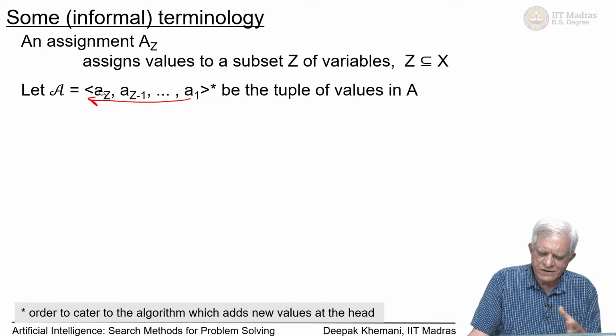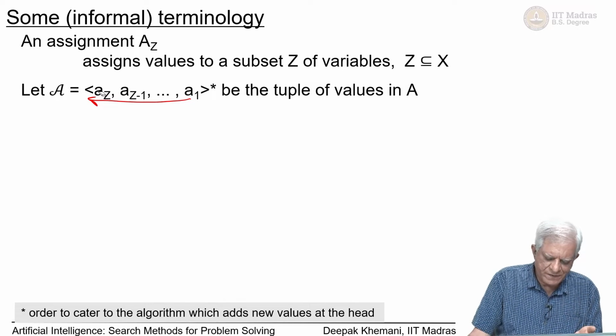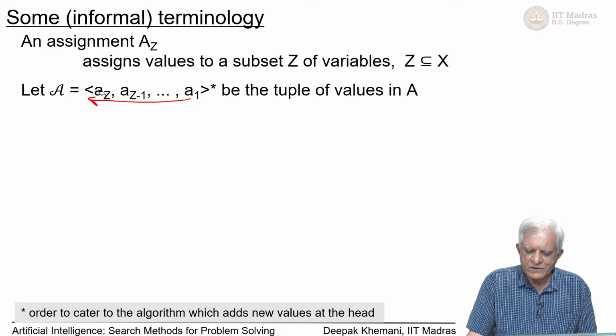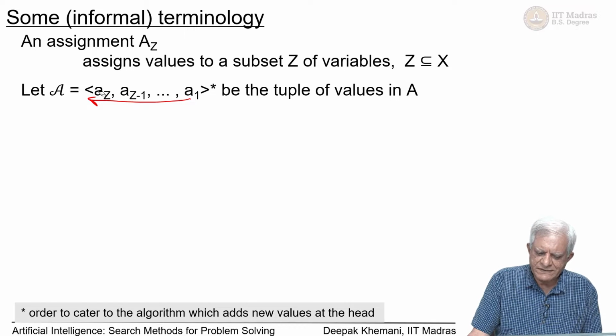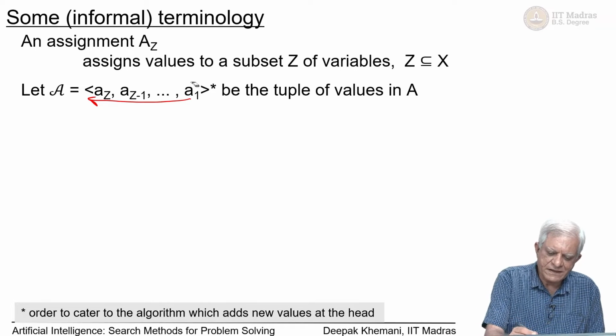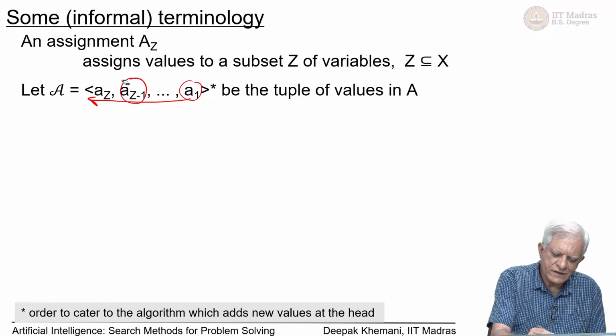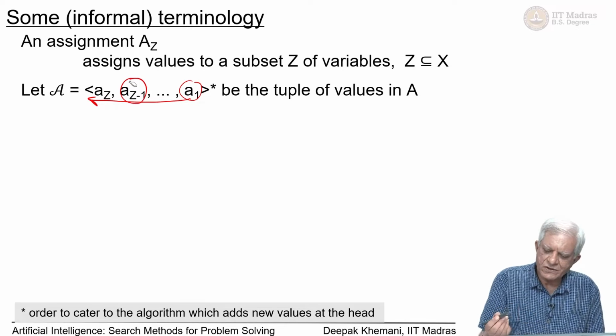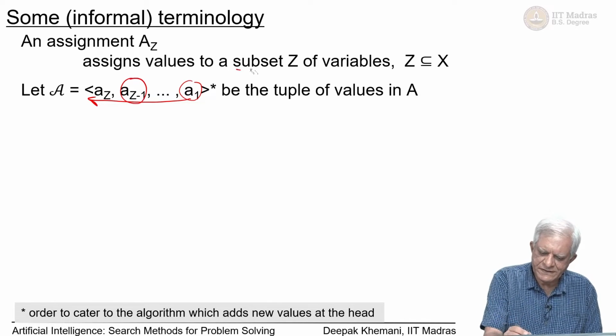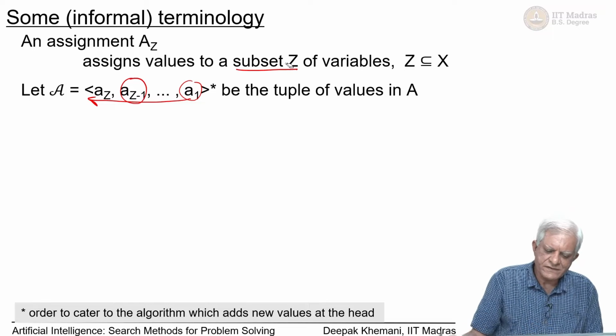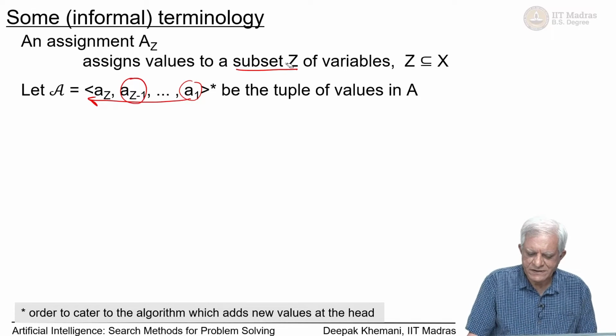The fact that we have written it in this reverse order is simply because the last one to be added was probably the Zth variable, and to be consistent with how the algorithm would represent it, we have represented it like that. So, let these be the Z values. Remember that assignments are values. A_1 is a value of the first variable in this subset Z, A_(Z-1) is a value, and A_Z is the value of the last variable in the subset Z essentially. So, it is a tuple.